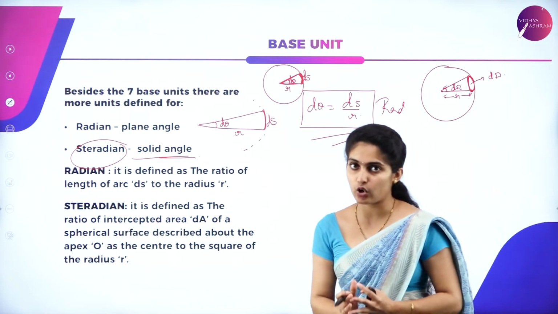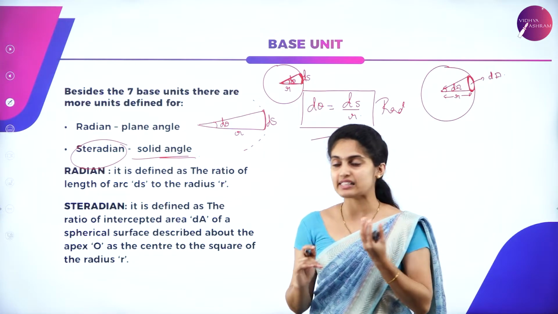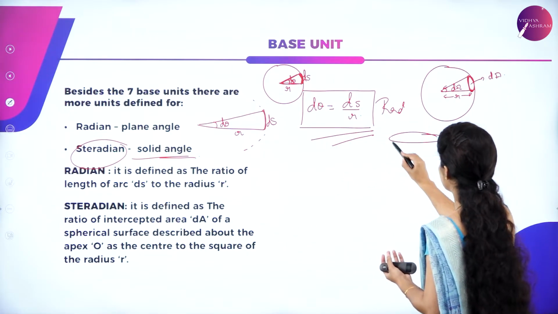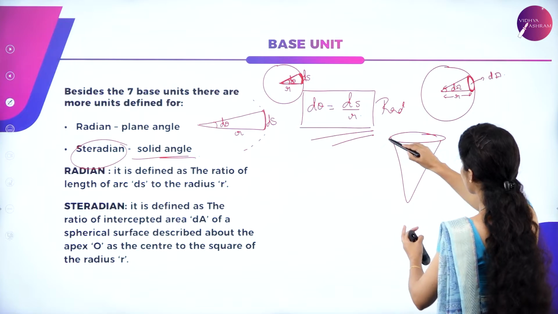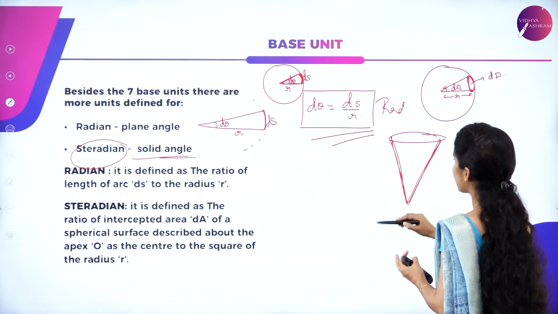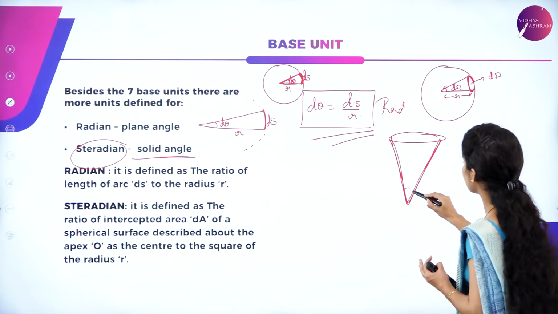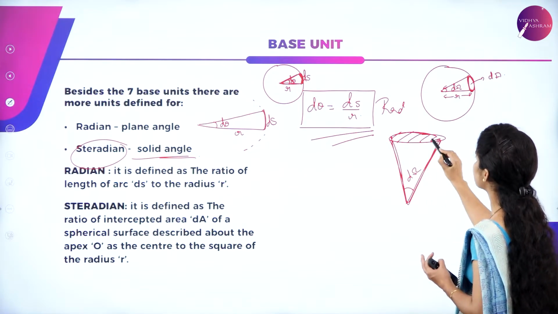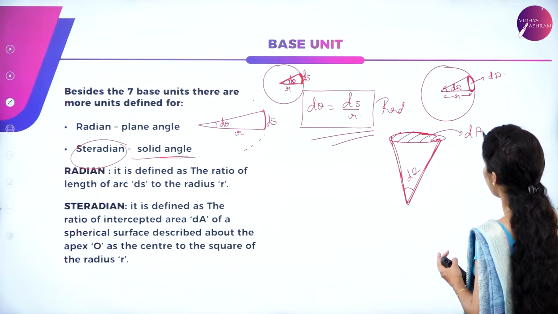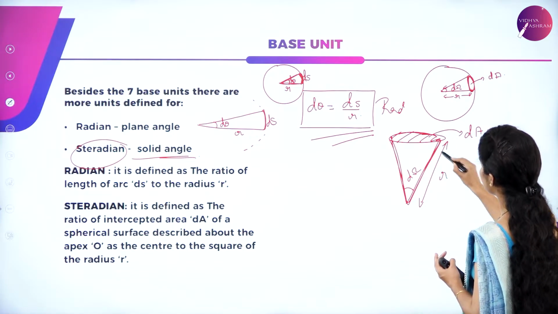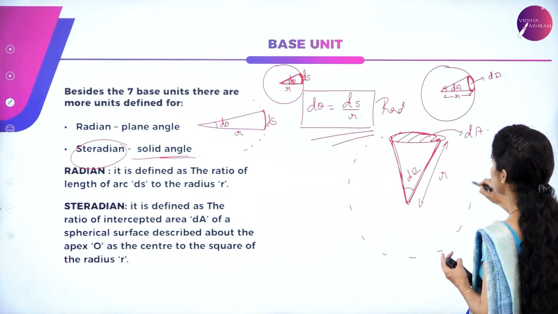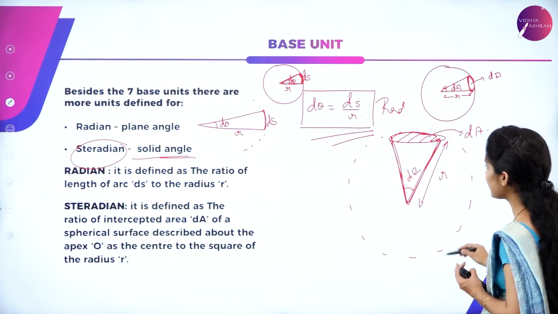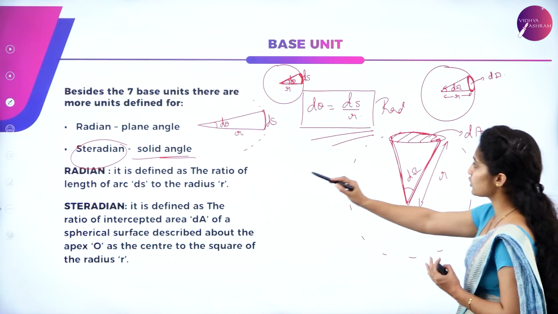Whenever you consider an ice cream cone, how will it be? It is this. So this is a cut piece with a vertical angle. Here it is d omega, the shaded part gives the area, and this is the radius of the sphere we consider. Understood?